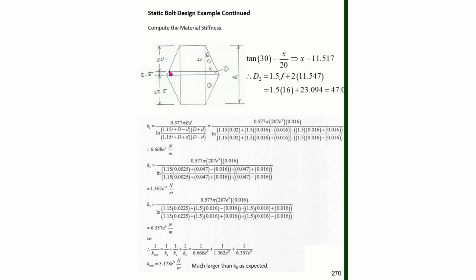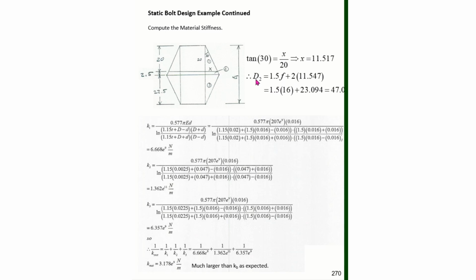So my big D2 will be the 1.5 times the little d up here to get this distance, the distance of my first cone. So this should be 1.5 little d, or the 16, plus 2 times x, where x is this distance, and I have an x on this side and an x on this side, and that's why I have the 2.